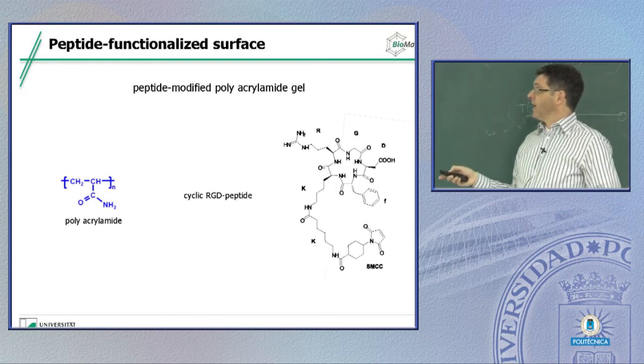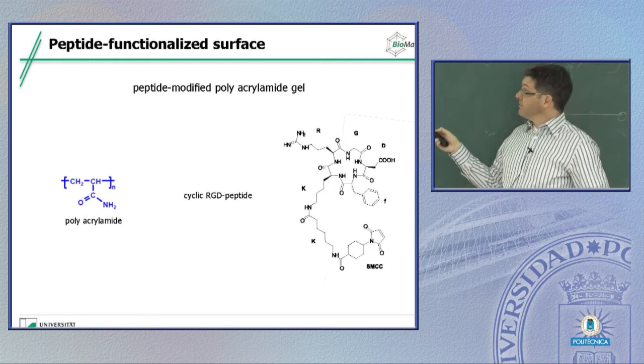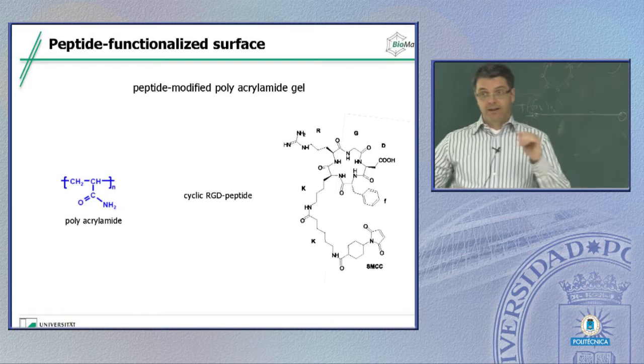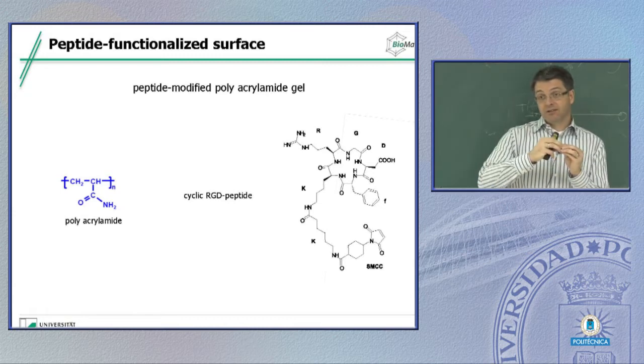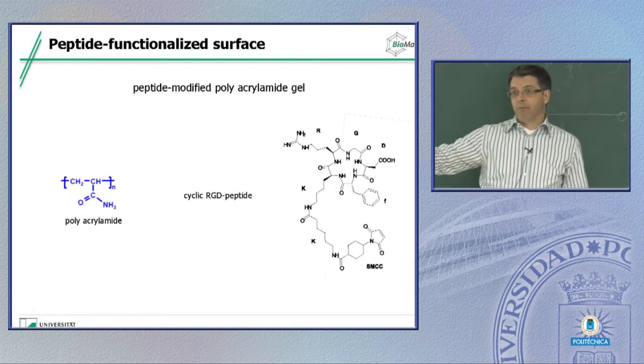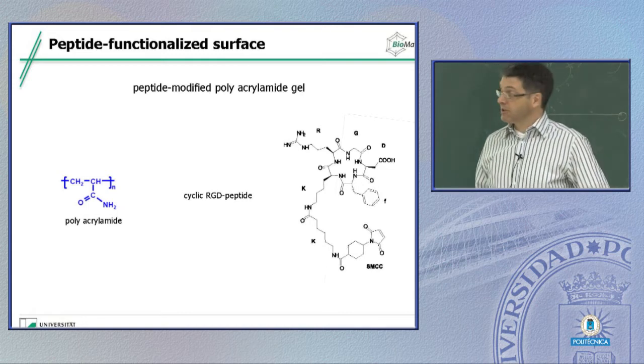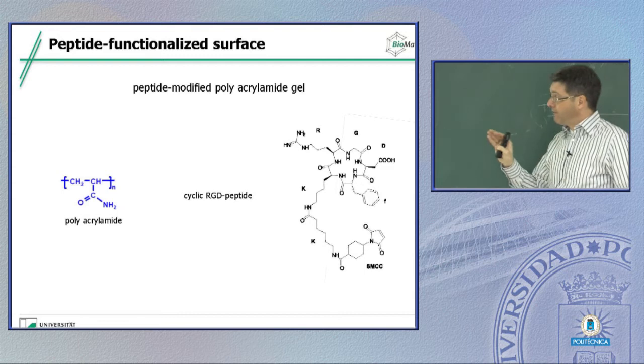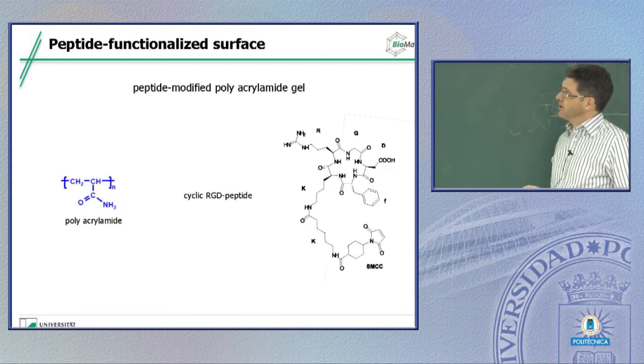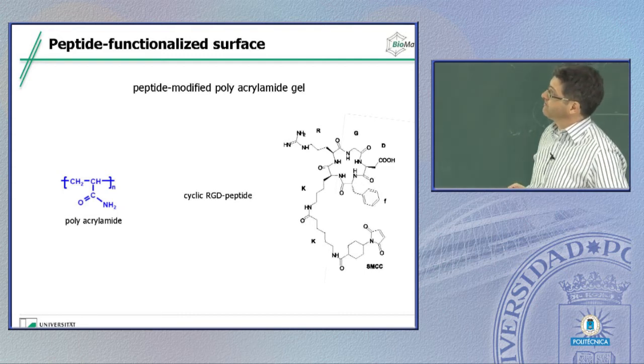The more RGD you have, the more cells you have. But this will not go on forever. If the density of RGD is too high, then you get again a drop. So if you have too many RGD molecules, it's counterproductive. So you need to find a very specific RGD concentration in order to make it work.